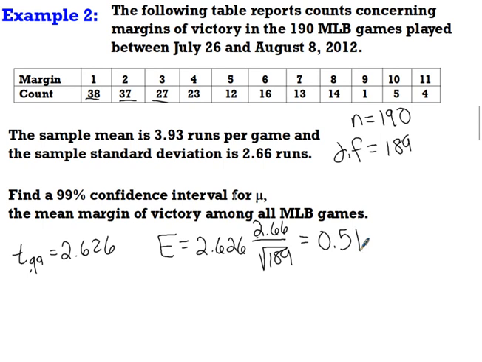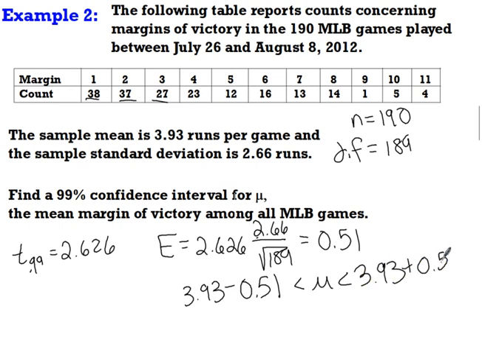So your sample mean of 3.93 minus that error, and 3.93 plus that error. So 3.93 minus 0.51 is 3.42.